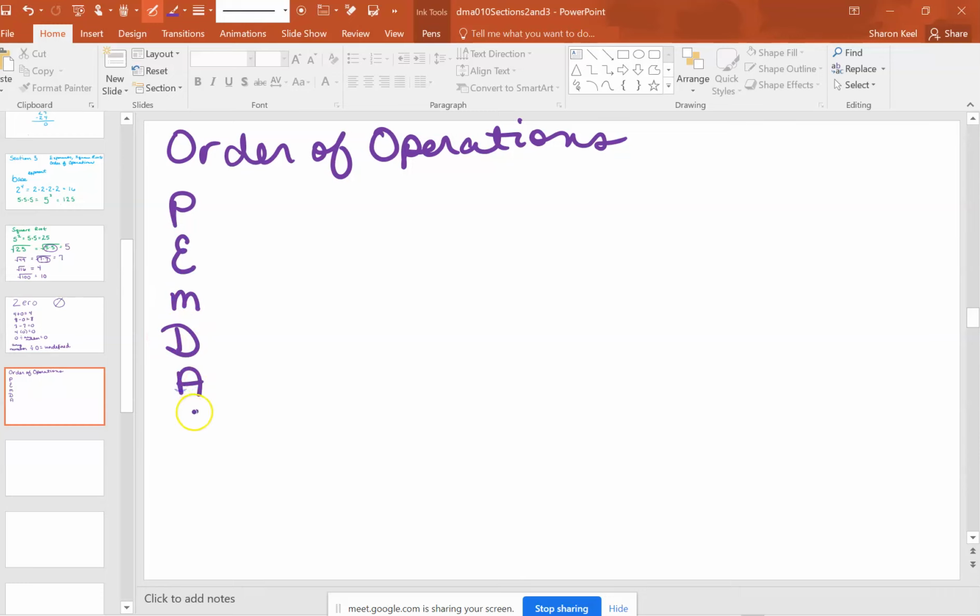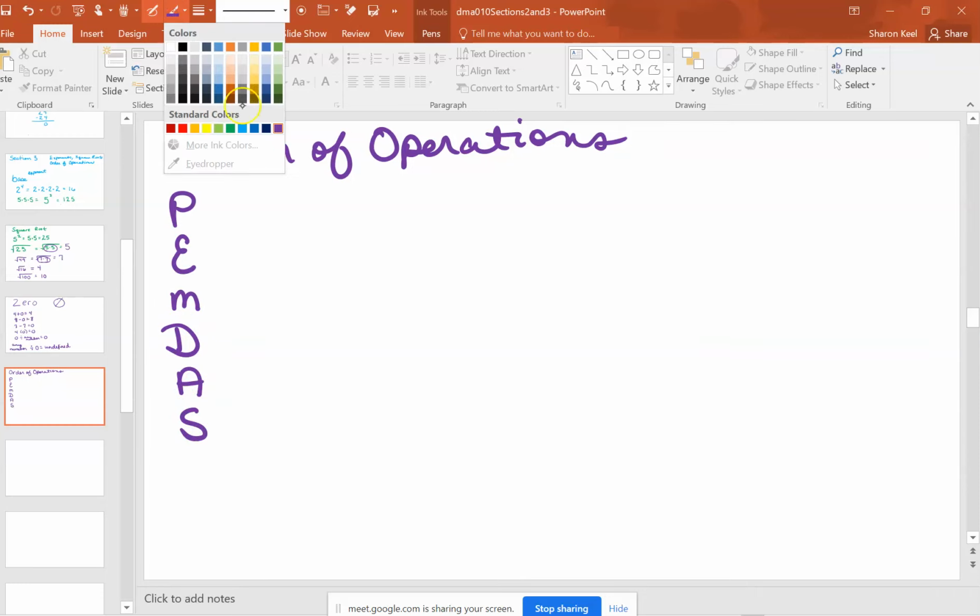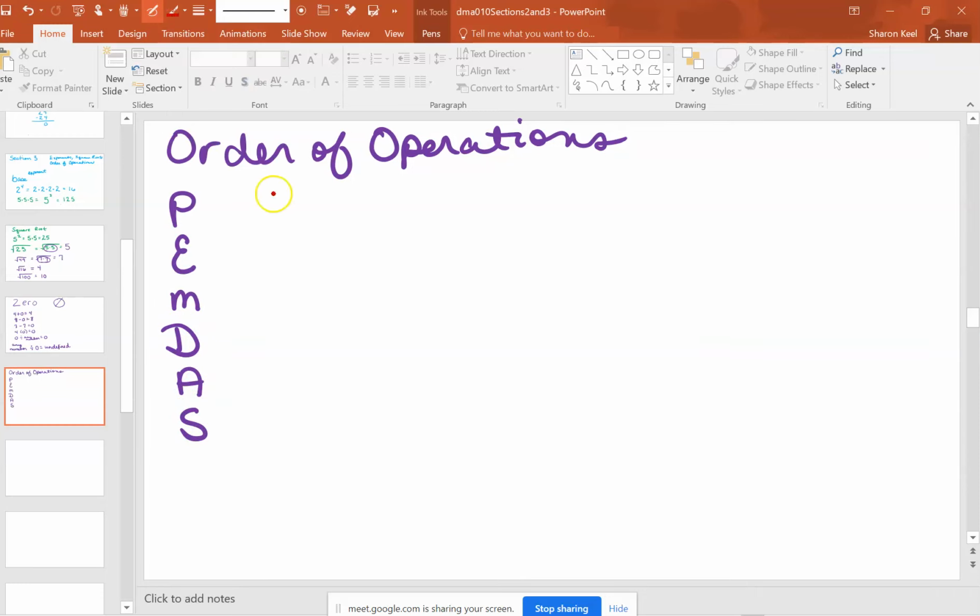PEMDAS. The way I like to write this out, and I like to do mine visually, the P represents parenthesis. So if you have something that is written in a parenthesis, grouping symbols, you're going to do that first. Then if you happen to have any exponents, that's going to be next. Now, the multiplication and division does not mean do all multiplying before dividing.